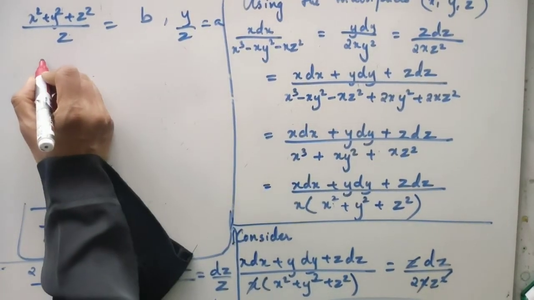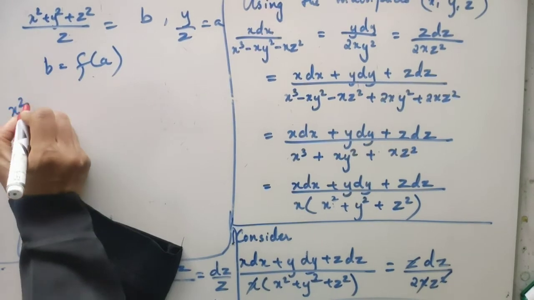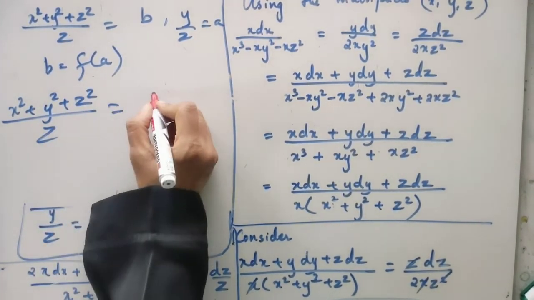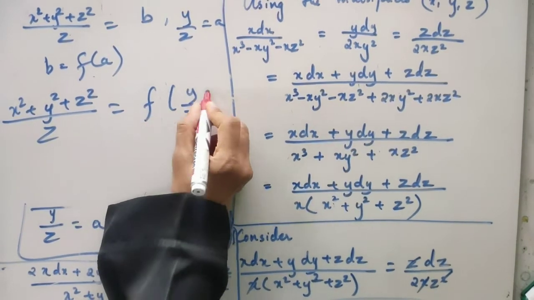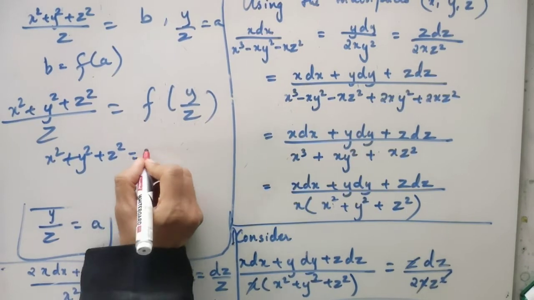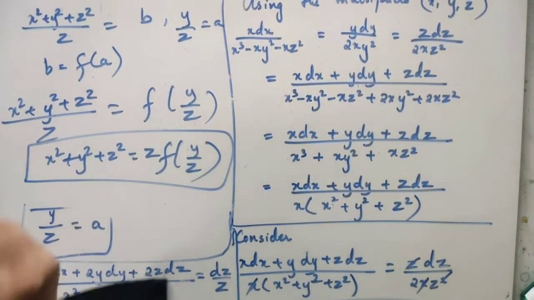So let us write the solution as b is equal to f of a, or what is b? It will be x square plus y square plus z square divided by z is equal to f of y by z, or x square plus y square plus z square is equal to z into f of y by z. So this is the complete solution.